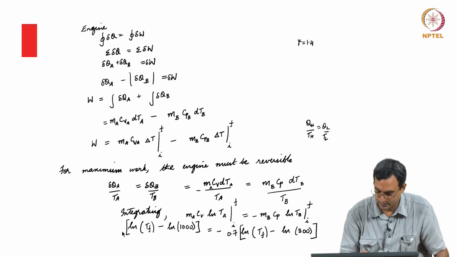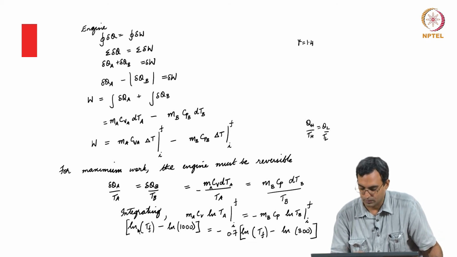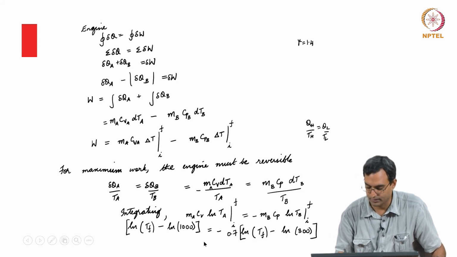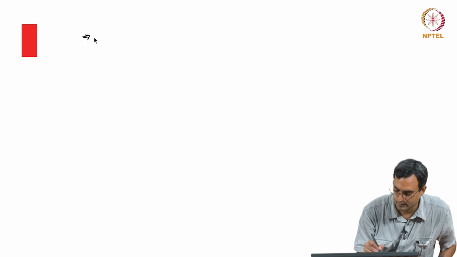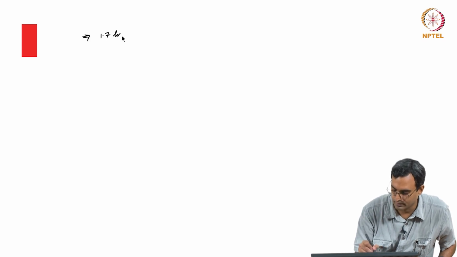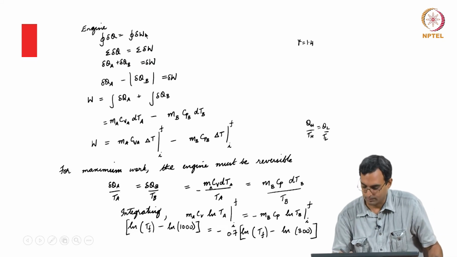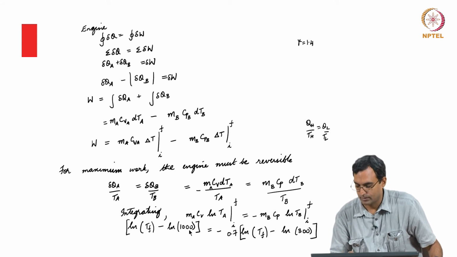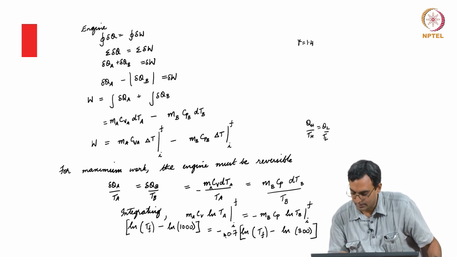So, I have this expression. So, ln of T final plus 0.7 ln of T final, so that is essentially 1.7 ln of T final. This goes to the other side. So, ln of 1000, and this minus goes in.